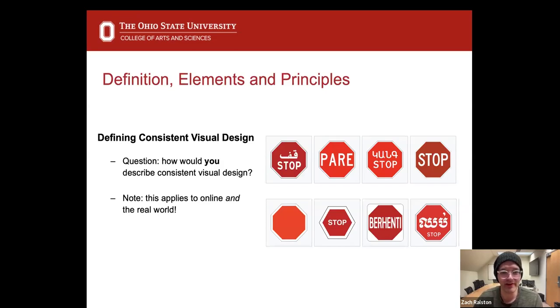Basically, just making sure that there is not necessarily an exact copy of certain elements, but a consistent use of these elements. So in the case of stop signs internationally, you see these, they're pretty much almost always red, and they usually have some kind of white text. It stands out. No matter what country you're in, you can generally tell what a stop sign is.